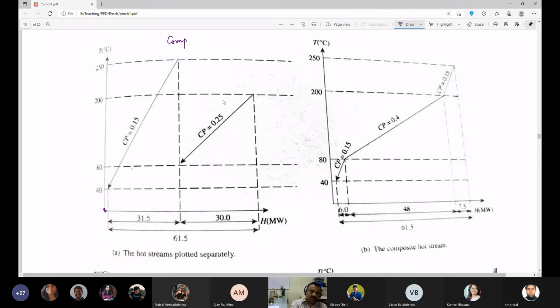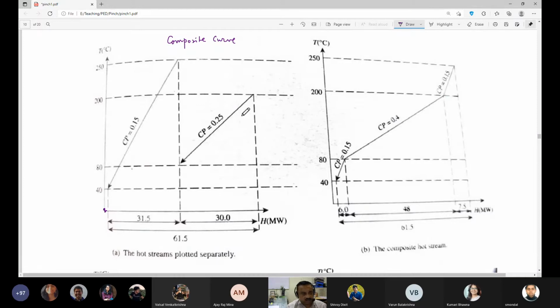A composite curve is a hypothetical single stream that is equivalent to the individual streams in terms of temperature and enthalpy.